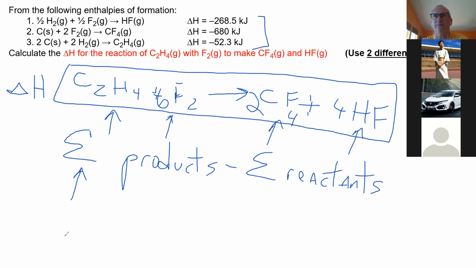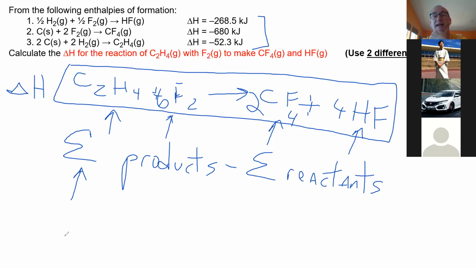So what values for products and reactants could I substitute in order to come up with an enthalpy for the overall reaction? Remember, I want delta H for the whole thing. What delta H's could I put in there?